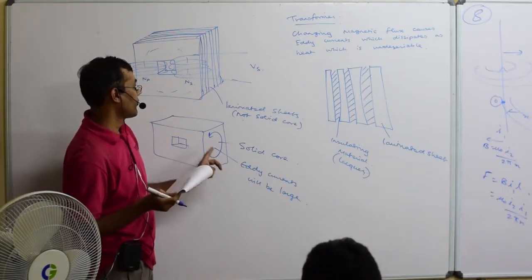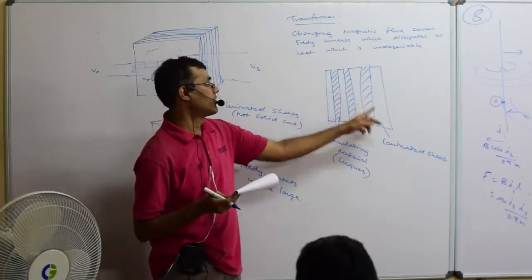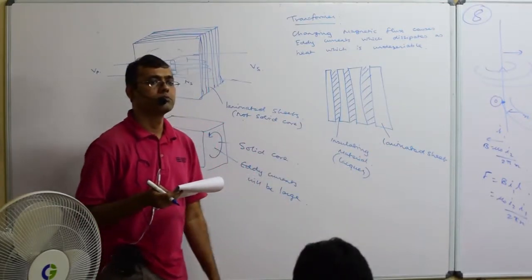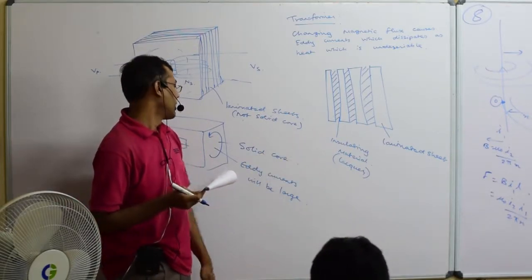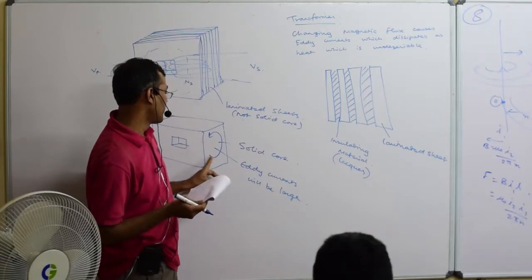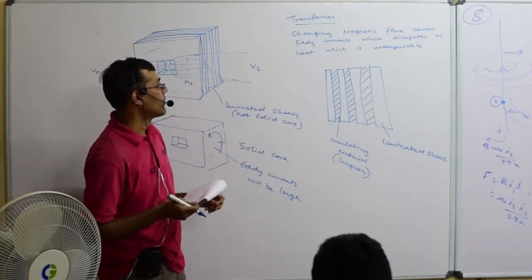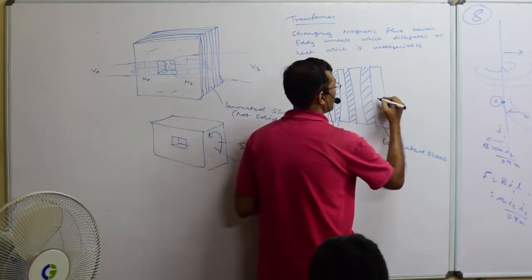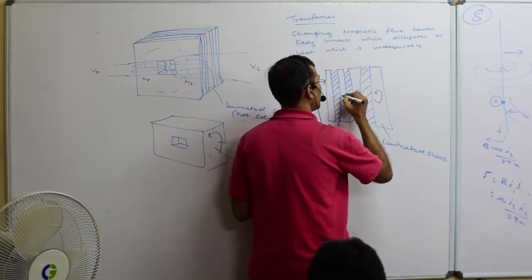So what is the difference between the solid core and this one? Don't you think here also there will be some eddy currents produced? Here also we can produce eddy currents, right? But this is a solid core, which means it's going to be a huge area here. Whereas in this one, the theory says that you will be producing eddy currents, but they will be very small.